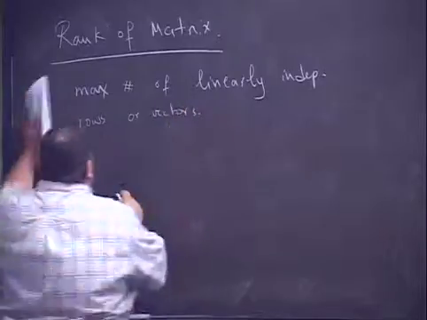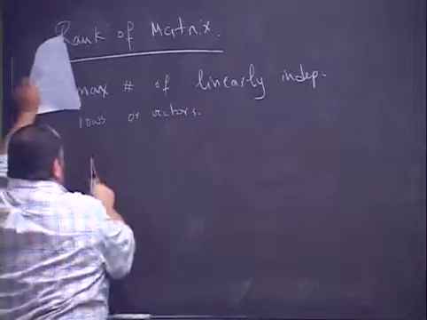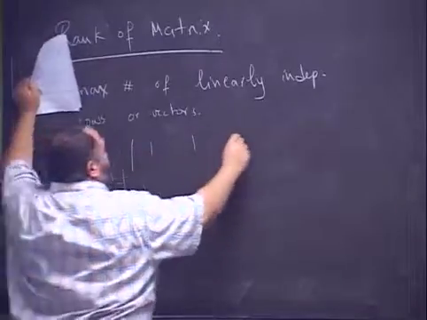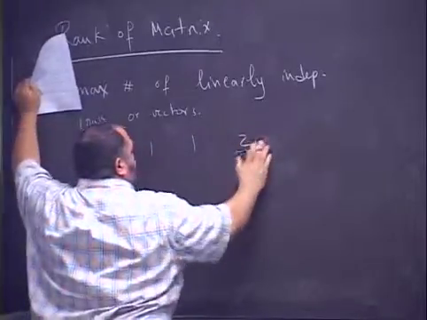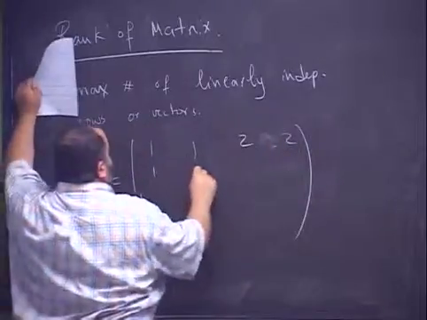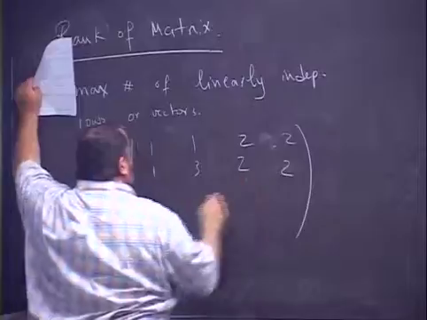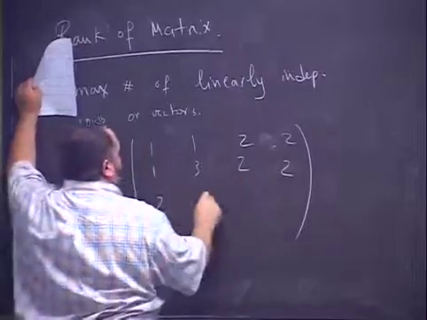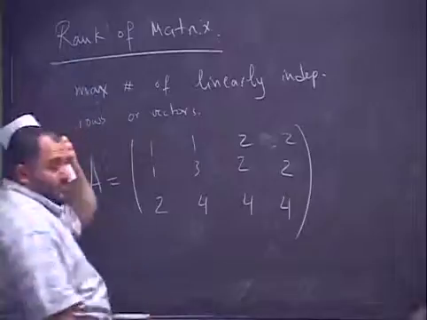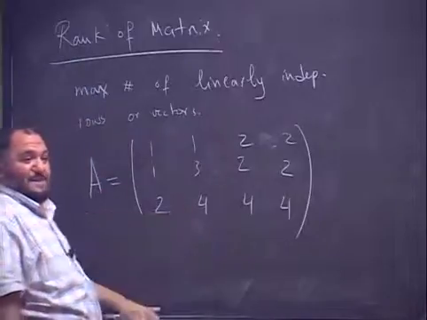So let's assume I have a matrix A equal to 1, 1, 2, 2, then 1, 3, 2, 2, then 2, 4, 4, 4. What's the rank of this matrix?